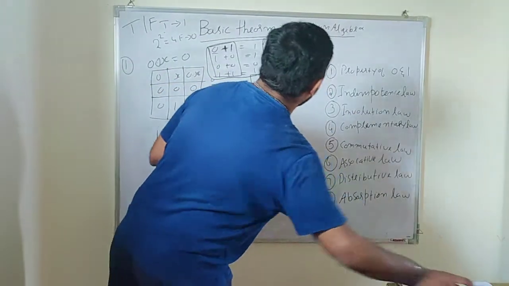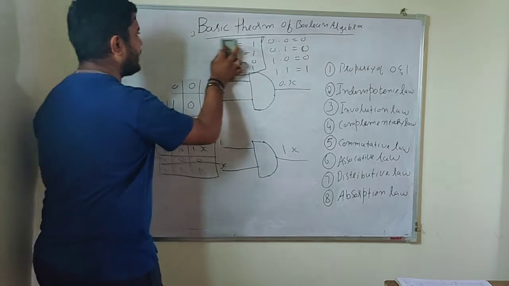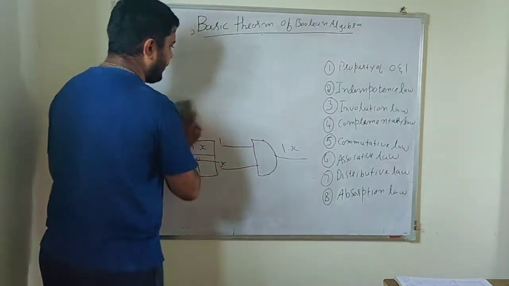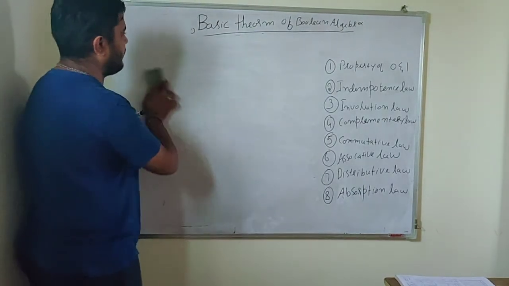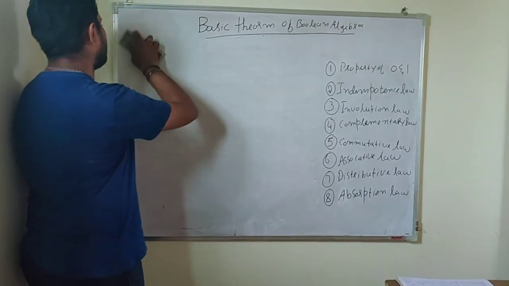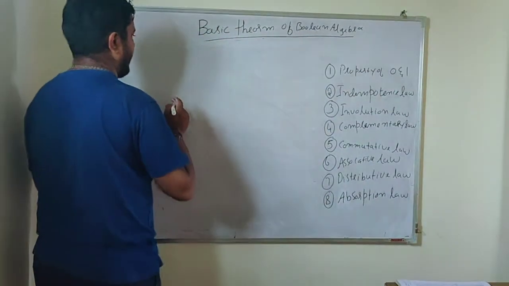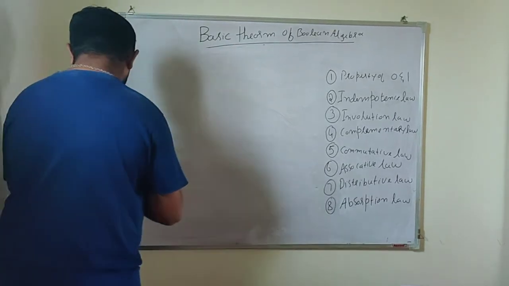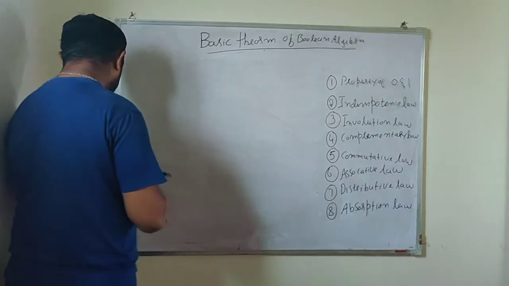So next is the idempotent law. So what does the idempotent law say? When a variable acts with the same variable using a logical gate symbol, then the value is x.